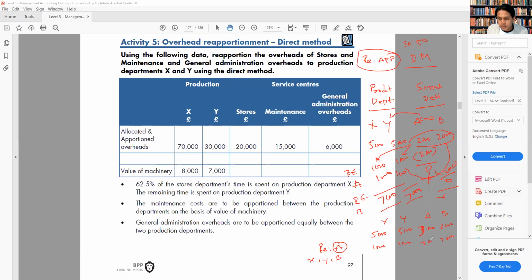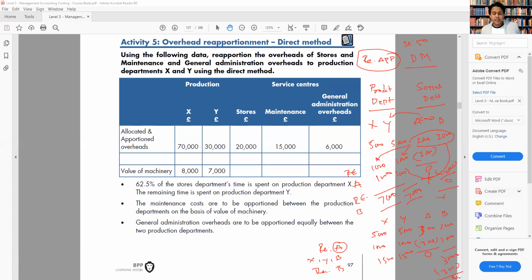So 3,000 is gone. And after that, also reapportion B. Now the new B is 3,000, not 2. And this 3,000 I'm going to split between X and Y. I said 1,500 and 1,500. So 3,000 minus 3,000 is 0.